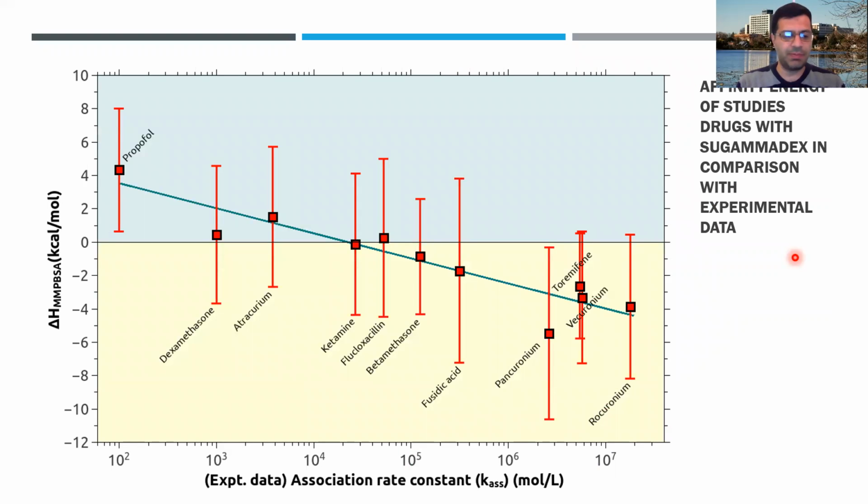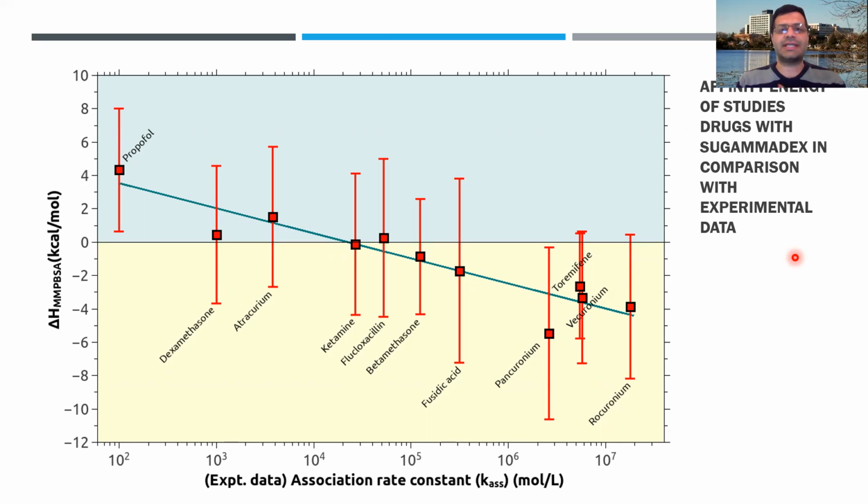But those numbers are related to the docking process, where we consider the structure of the Sugammadex as a rigid molecule. So to get a more realistic, more acceptable number, we needed to run molecular dynamic simulation to include the dynamics of those drugs and Sugammadex.